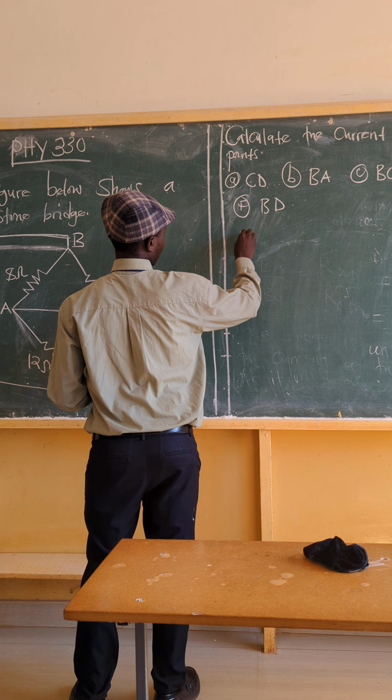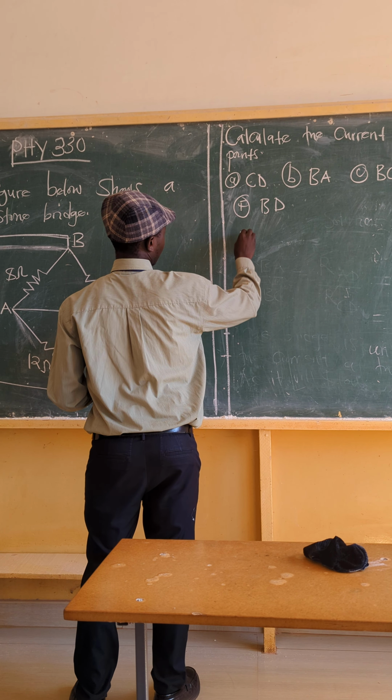We say total resistance. We have this branch here, so we can name this as our resistor 1, resistor 2, resistor 3, then this is our resistor 4, like that.